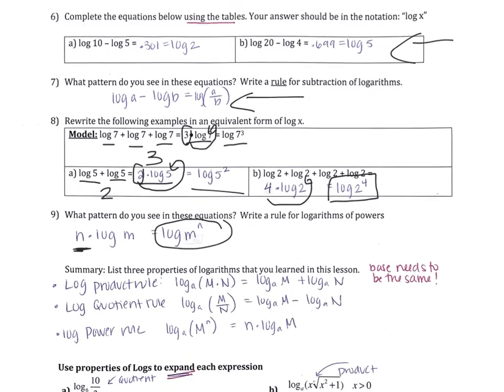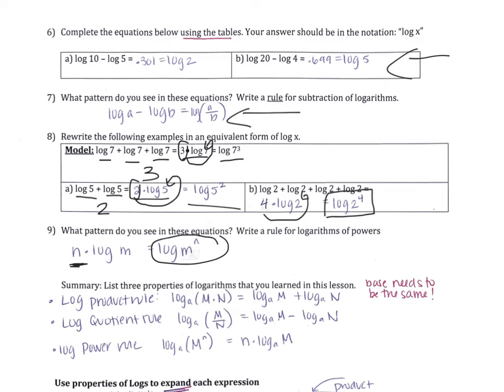Okay? So quick summary, we have the product rule, where if we're adding 2 logs, we can rewrite it as log of m times n.